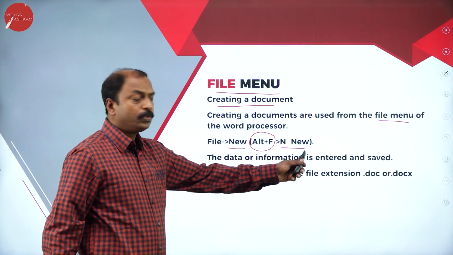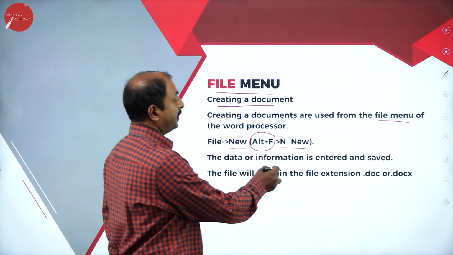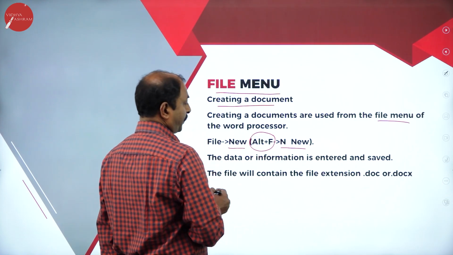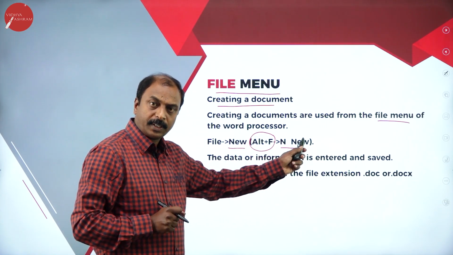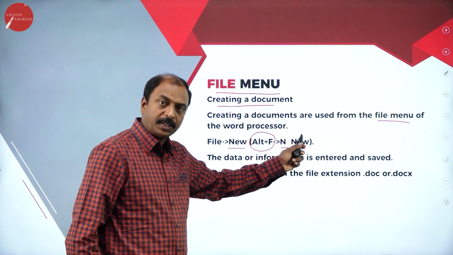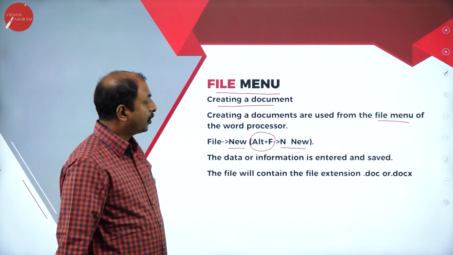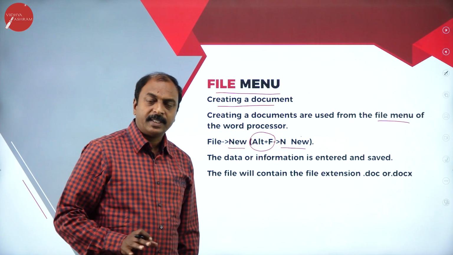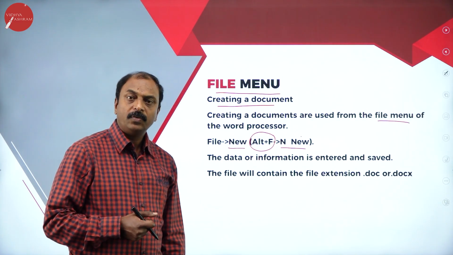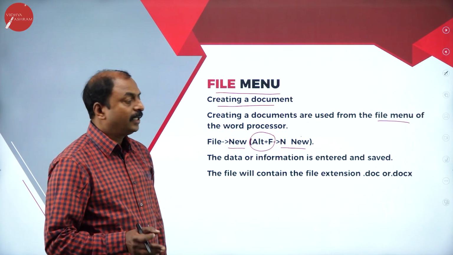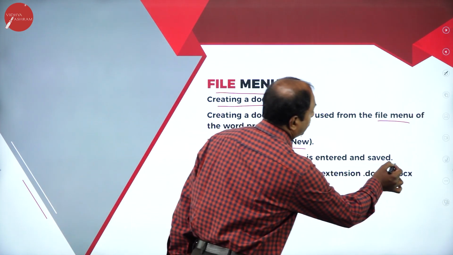Once you select new, then the data or information is entered and saved. If you click on the new button here, or select the new option here, it opens a new document for you. That is the place where you can store different types of data or information. Then we have to save the file.